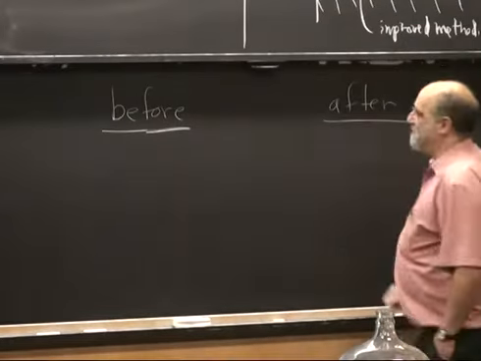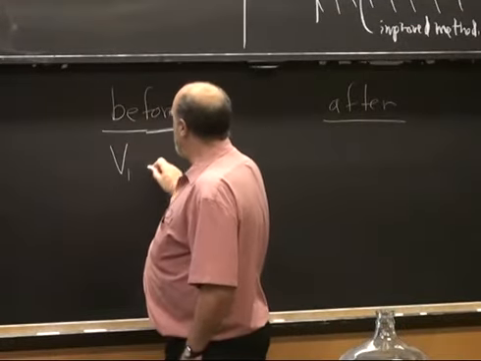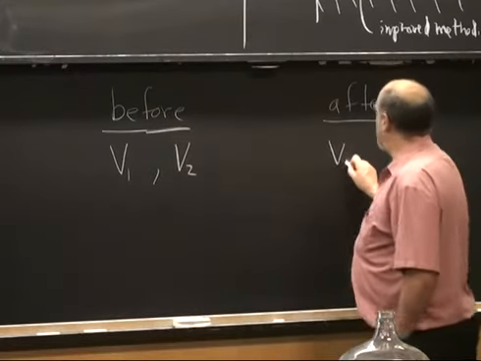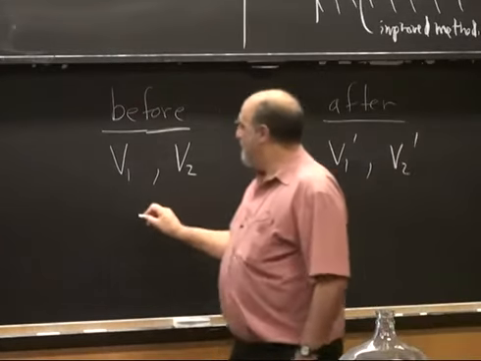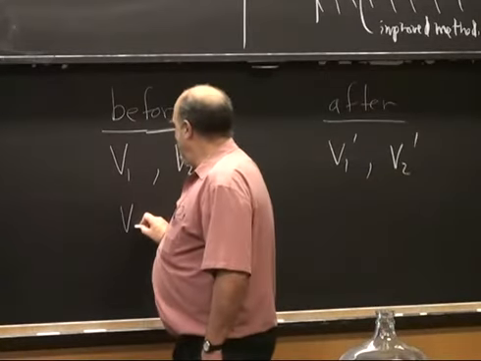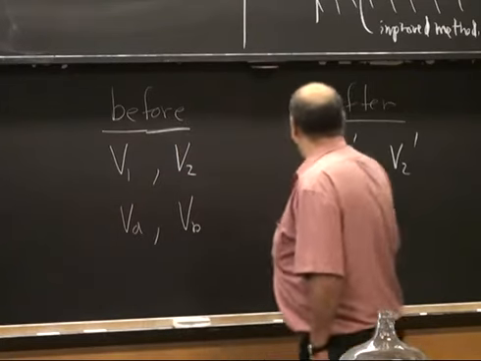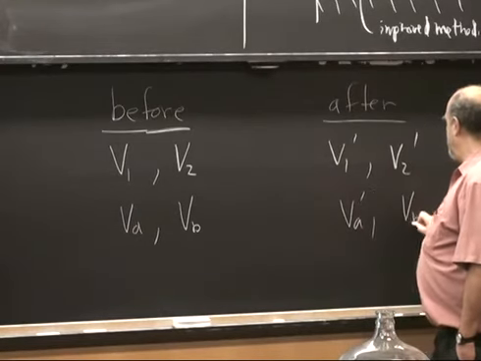I just noticed this notational confusion. We could have V1 before and V2 before, and then we have V1 after and V2 after. But another thing we could have is VA before and VB before, and VA after and VB after.